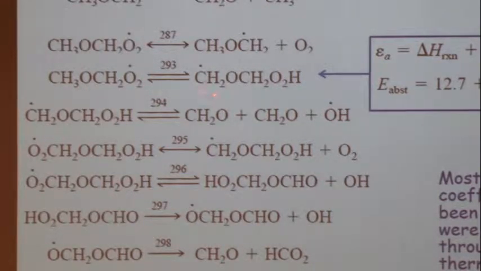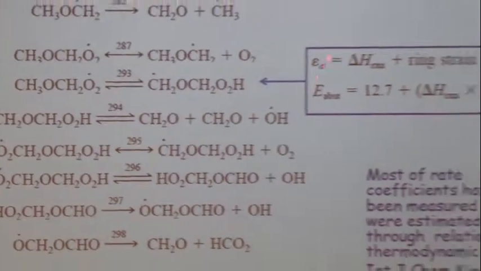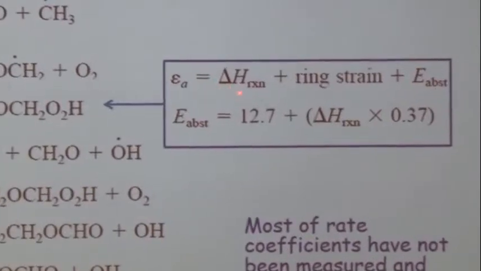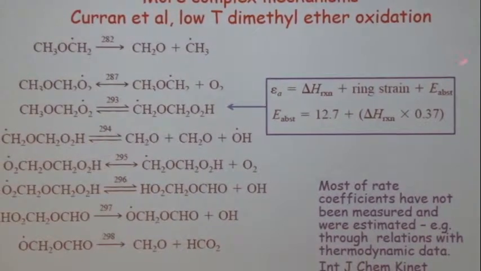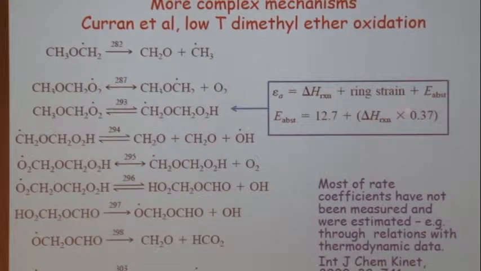In this one, if you look inside his code, he says the way I compute this is I say that the EA is equal to the heat of reaction of this endothermic reaction plus a number for the ring strain correction plus the typical barrier height for an H abstraction, which I use this formula for, which has to do with the heat of reaction for the H abstraction. And so that algebraic formula is how he estimates this EA. So all he needs to know is the thermochemistry to make the estimate of the EA.